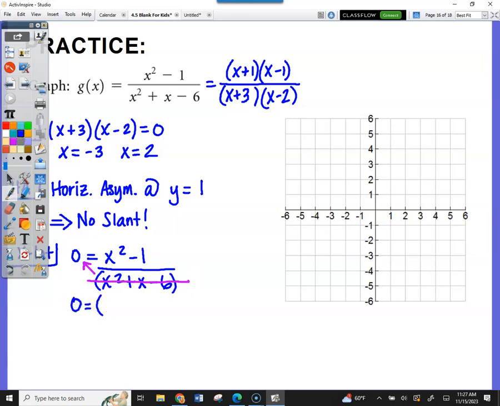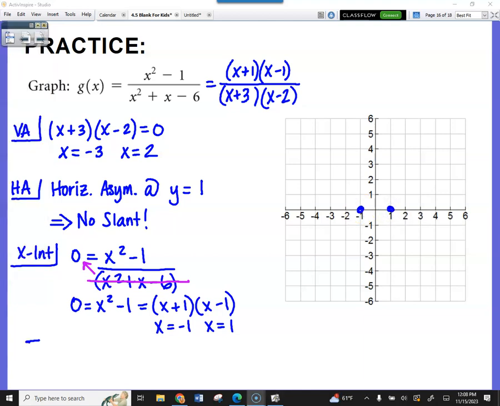We already wrote that numerator in what format? X plus 1, x minus 1. So what are the zeros? 1 and -1. Might want to plot those as soon as you answer it, so you don't forget that was a point, not a line. That's not a vertical asymptote. Those are actual points. So you got -1, +1.